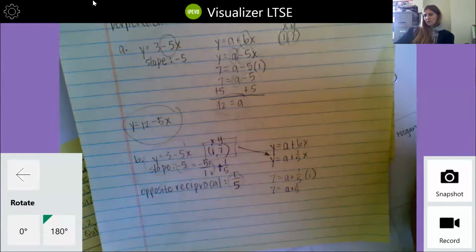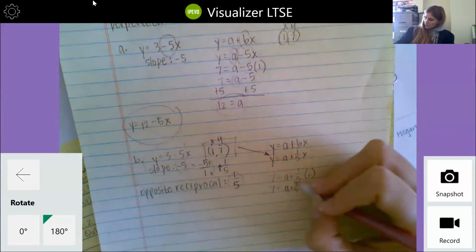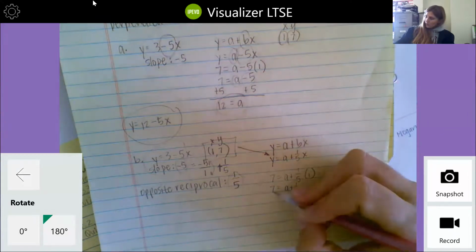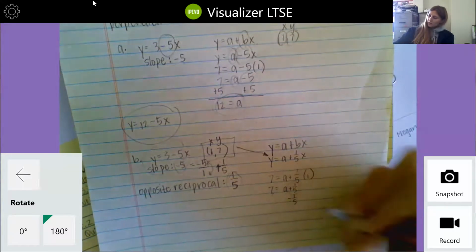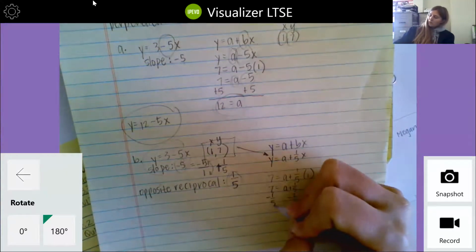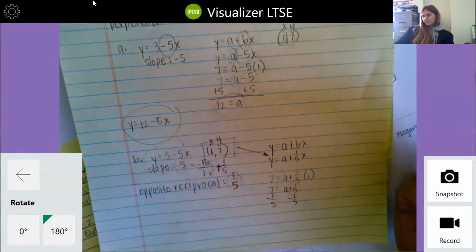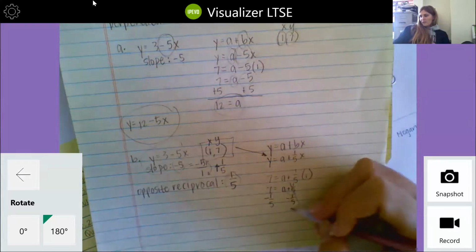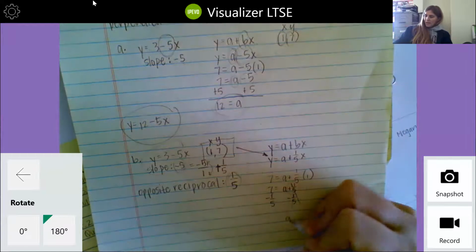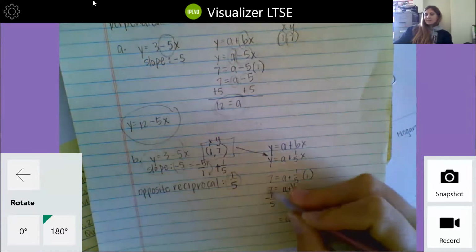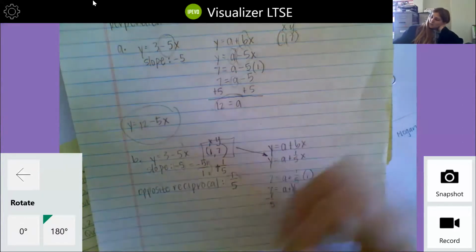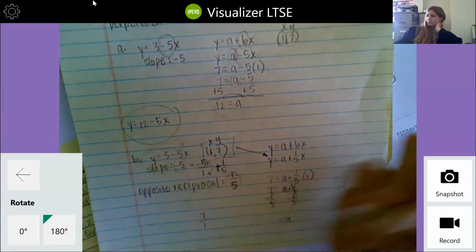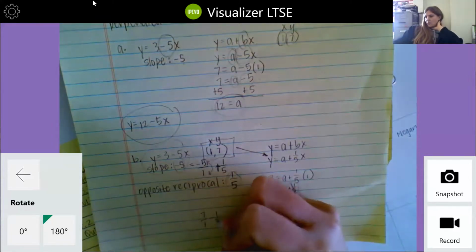If I need to get this 1/5 over here with the 7, I'm going to subtract 1/5 from here, which means I subtract 1/5 from there. These 1/5s cancel out, so I'm left with just a on one side. And then 7 minus 1/5. If I write 7 as a fraction, it's 7 over 1 minus 1 over 5.